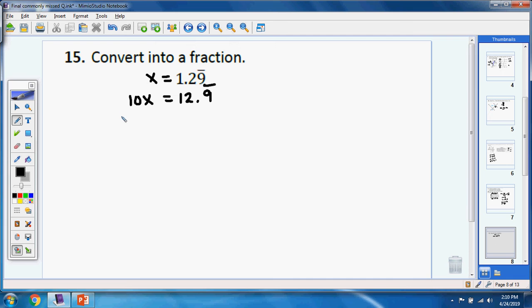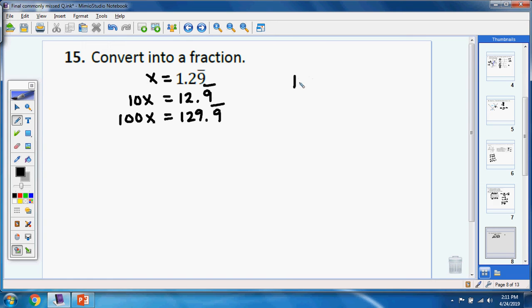And then I got to do a 100x, which really means I need to move it 2 spaces. So that'd be 129.9, and it's still repeating. Because again, in order to convert it into a fraction, we need our repeating decimals to be able to eliminate.